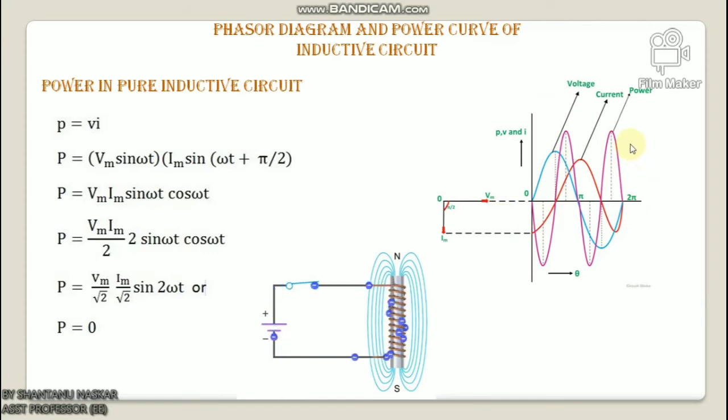The voltage, current and power waveforms are shown in blue, red and pink color respectively. When the voltage and current are at their peak as positive values, the power is also positive, and similarly when the voltage and current are negative, the power also becomes negative. This is because of the phase difference between the voltage and current.